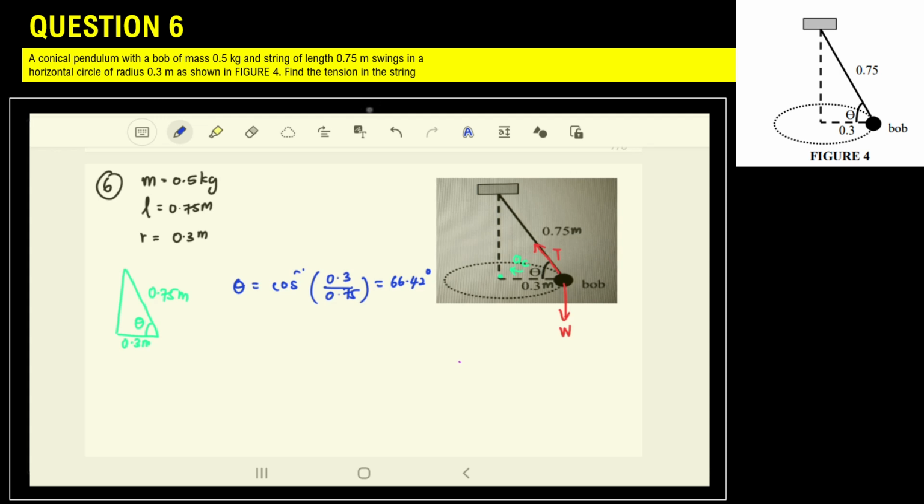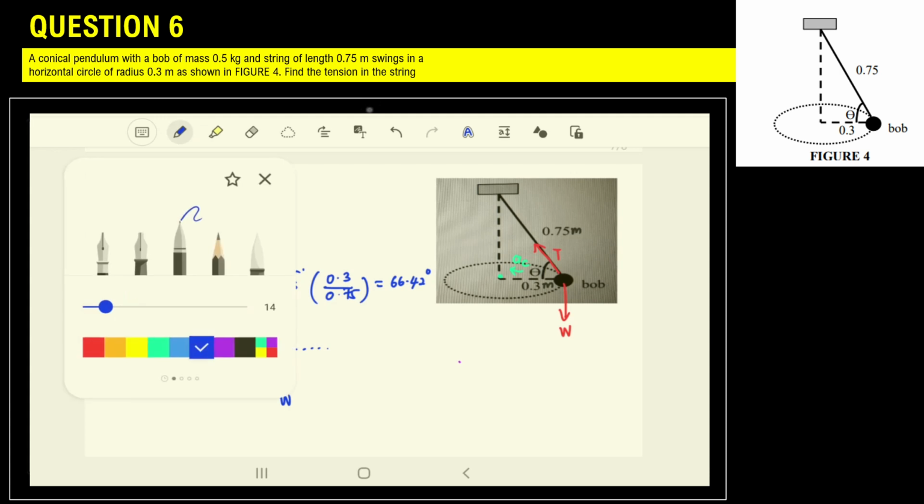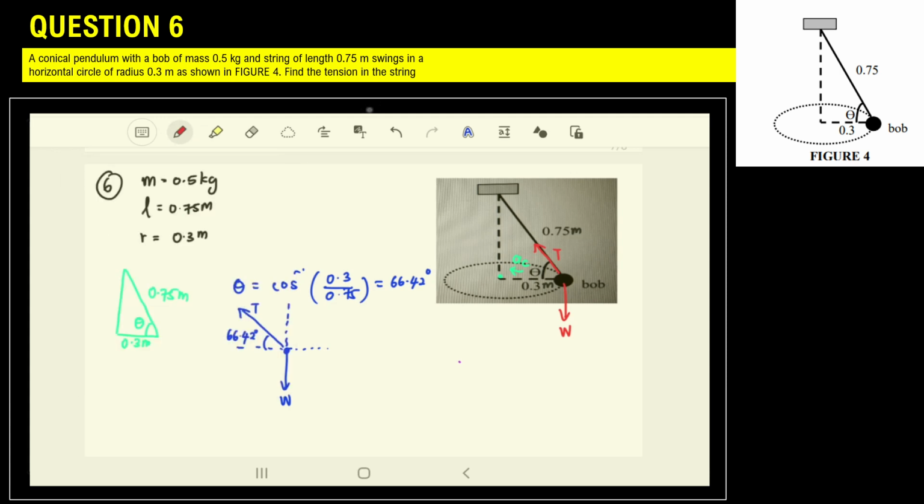Now let's resolve. We have the weight here, and T here, where the angle is 66.42 degrees, and we can resolve T into Ty and Tx.